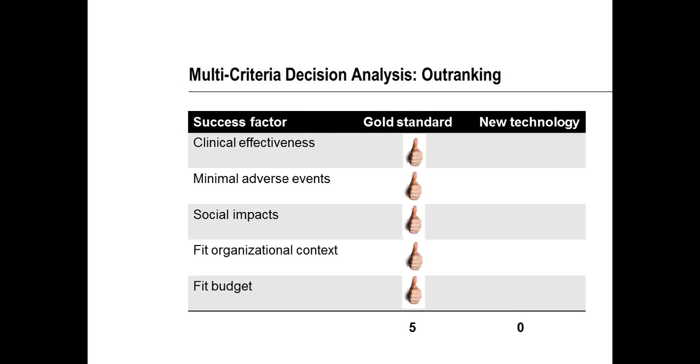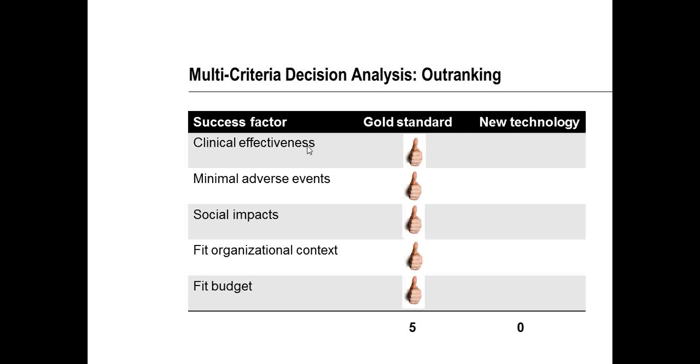This is a very simple example about outranking methods. For example, if you have a new technology, it might be able to be used for the treatment of diabetes. And you have two alternatives: a gold standard for how to treat diabetes, and the treatment with a new technology.